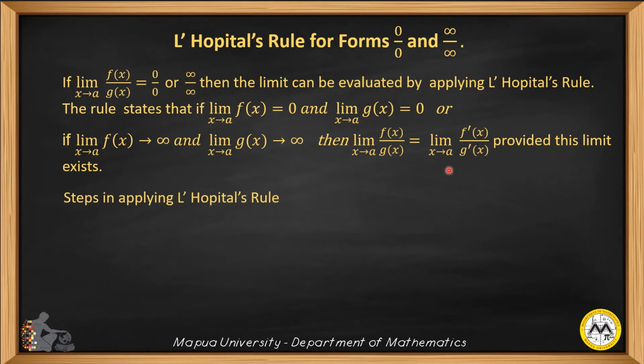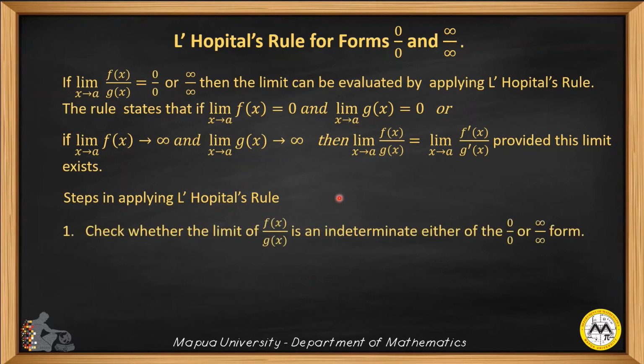So the steps in applying L'Hopital's rule would be as follows. First is to check what the limit of f of x divided by g of x would be as x approaches a, on whether this would result in an indeterminate form 0 divided by 0 or infinity divided by infinity.